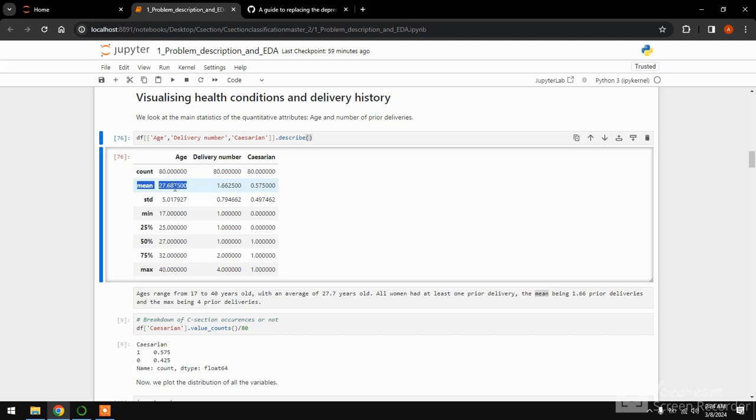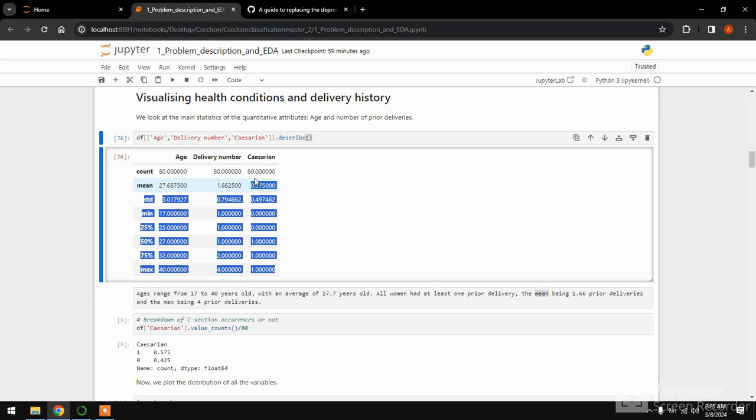Here we are just collecting a few pieces of information about our system. By describing the dataset, we are just concerned about a few values. What is the minimum? What is the average age? What is the average delivery number? Most people in this dataset had at least one prior delivery, which means they've delivered at least once.